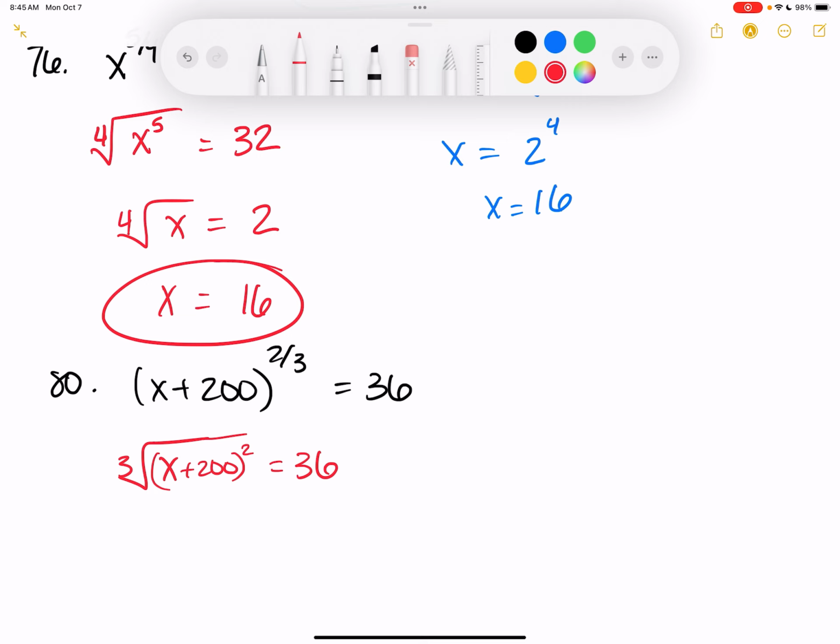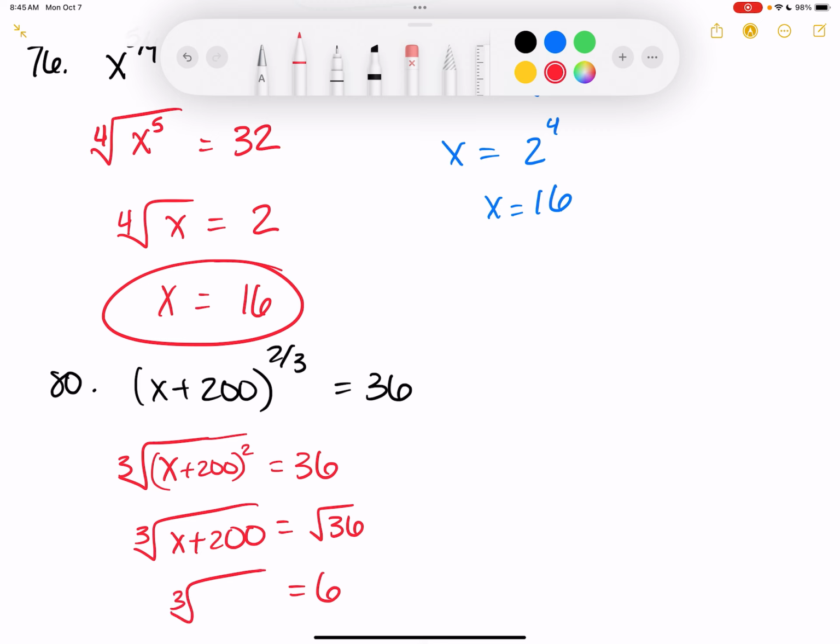So it was being squared over here, so to undo a square, what do I have to do? Square root. So this is going to be the cube root of x plus 200. So I've undone that. So that is equal to the square root of 36, which is also known as 6.